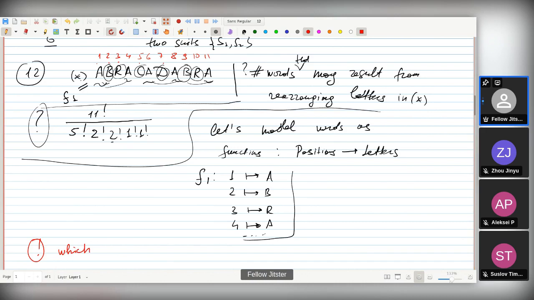What is preserved under rearranging? It is quite obvious. What remains the same after rearranging?